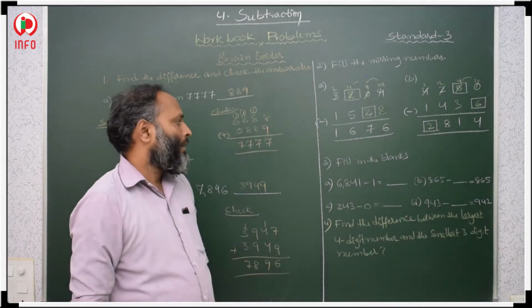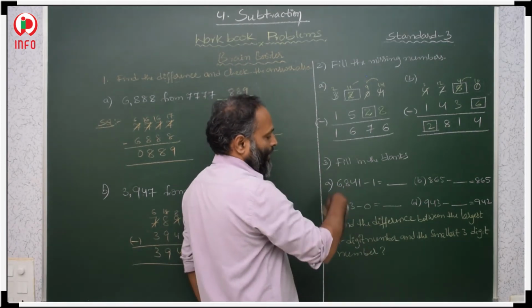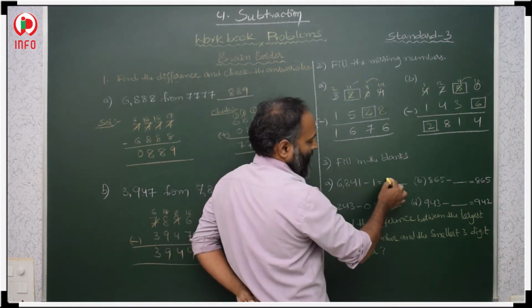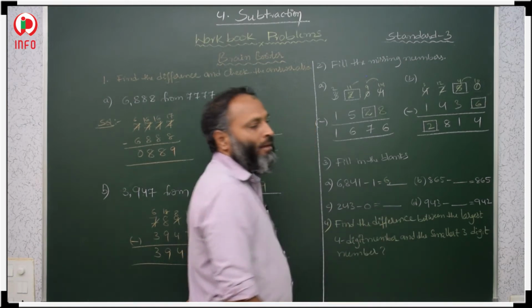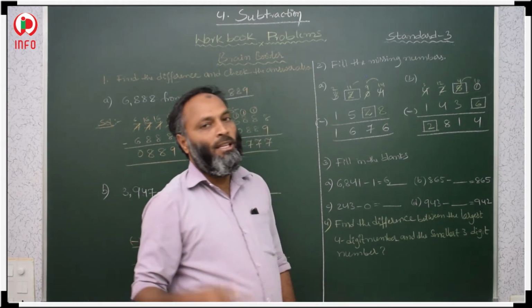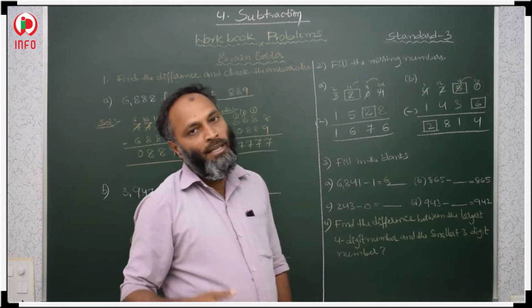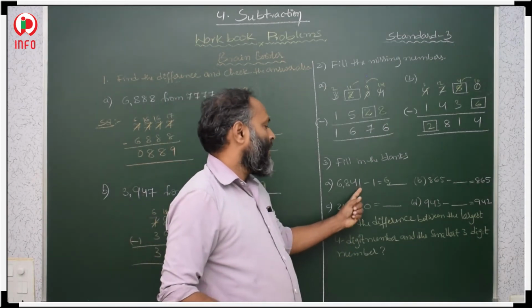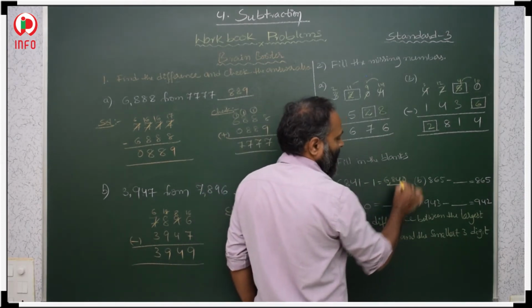Then next, fill in the blanks. If we make minus, then what happens? We get the successor and predecessor. If we add 1, we will get the successor, and if we subtract 1, we will get the predecessor. Predecessor means here 41 is there, we will get 40. 6,840 we will get.